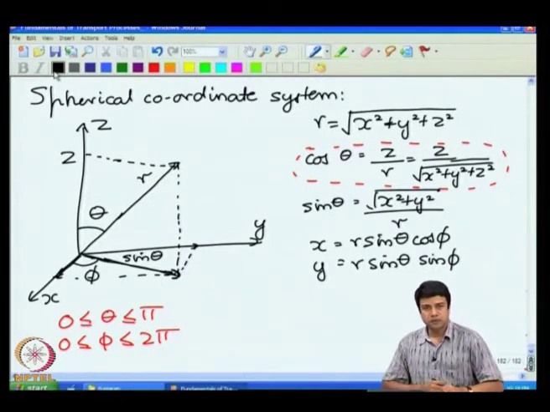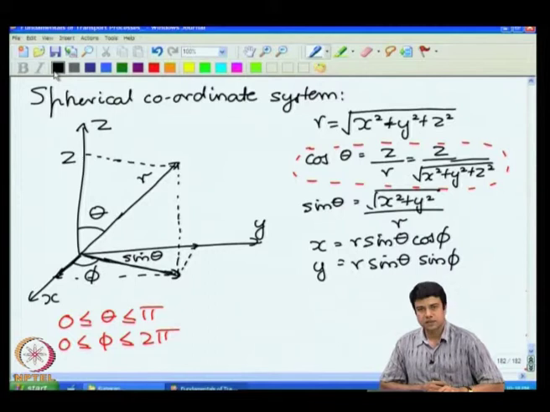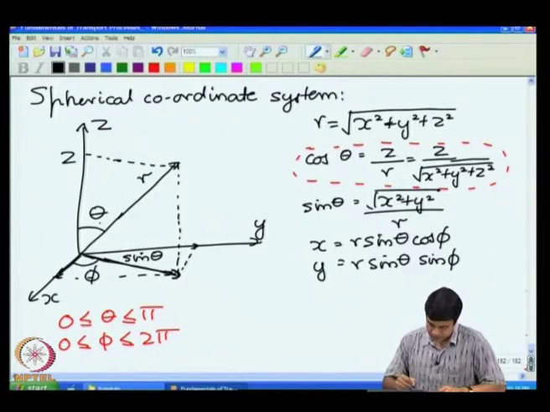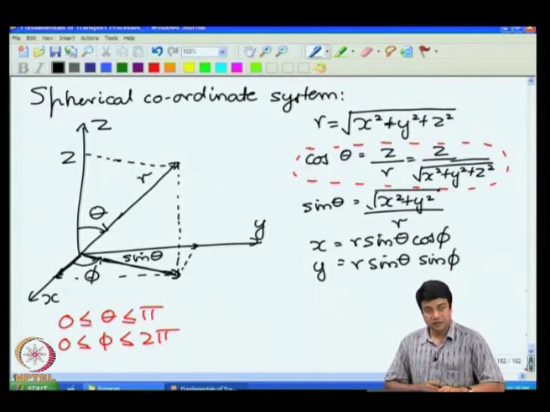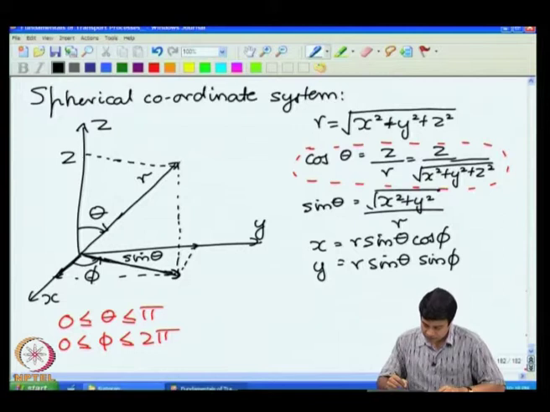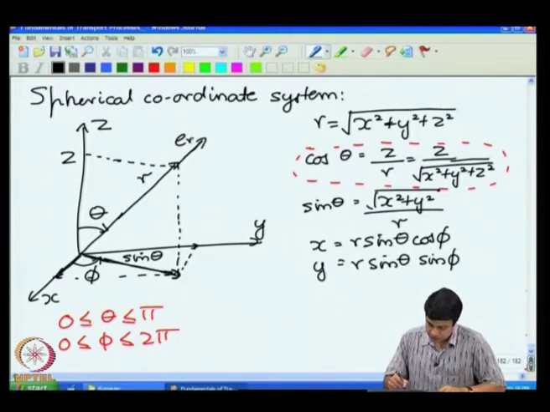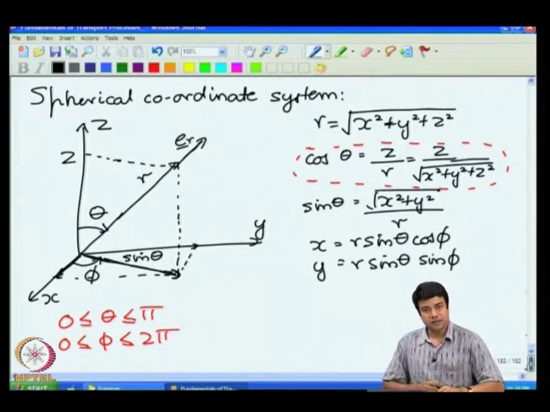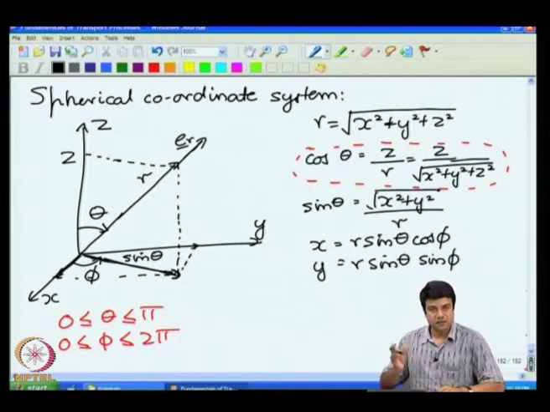An important point to note about the spherical coordinate system: the unit vectors are in the direction of increasing angle. The angle theta increases in this direction, phi increases in that direction, and r increases radially outward. That means the unit vector e_r is in the direction of increasing r.